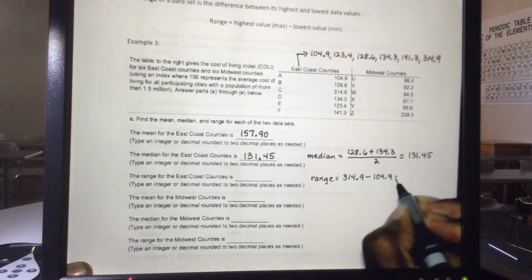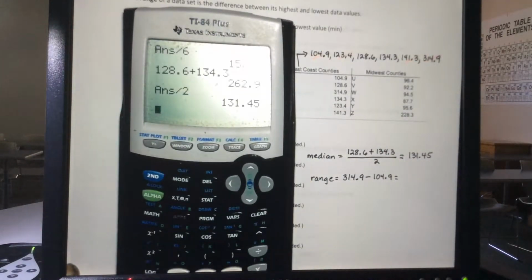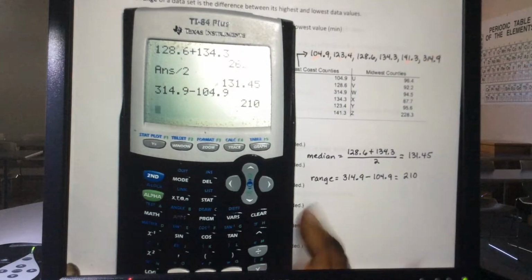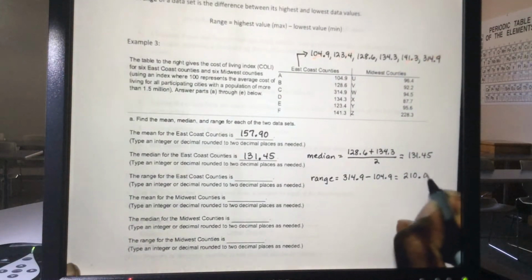You can easily get your highest and your lowest if you sorted the data from least to greatest. So 314.9 minus 104.9 will give you a range of 210. And they did say round to 2 decimal places, so I need to carry this out to 210.00.